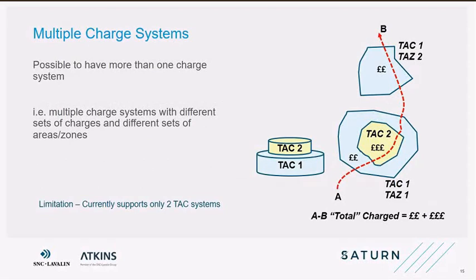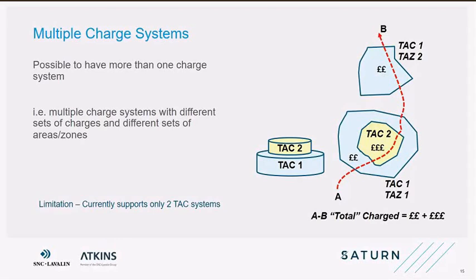Then you can also have multiple charge systems. Earlier, in the previous slide, you saw two TACs with the same charge system, but here you're seeing two charge systems, and they can also overlay on each other, like what you have in London. So if a trip is traversing A to B, the total toll paid will be £2 for using charge system 1, and then £3 for using the TAC 2 area.